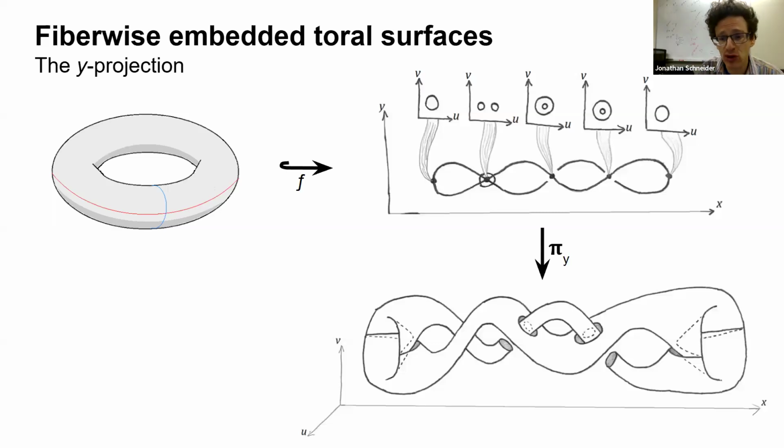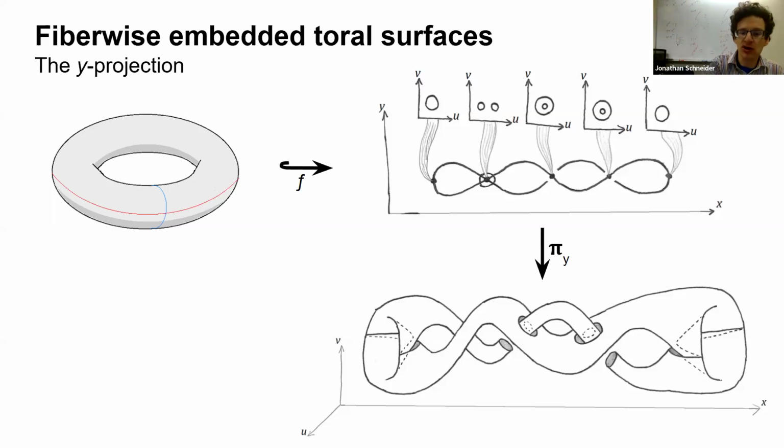That's the Y projection. Rather than projecting the fiber-wise embedded torus just onto the XY plane and down the UV directions, here's what it would look like if you projected it into XUV space down the Y axis. You get this Y projection, which has a nice satisfying geometry to it.